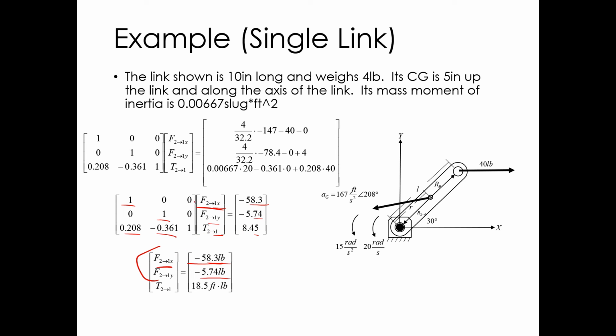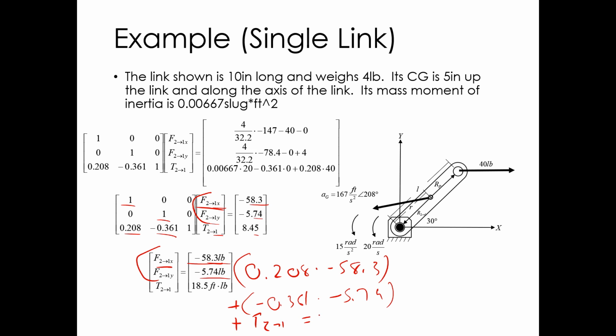So it's real easy to take these two that you can solve for and go 208 times negative 58.3 plus negative 0.361 times negative 5.74 plus T21 equals 8.45.